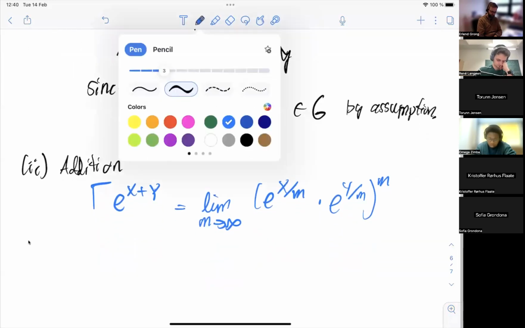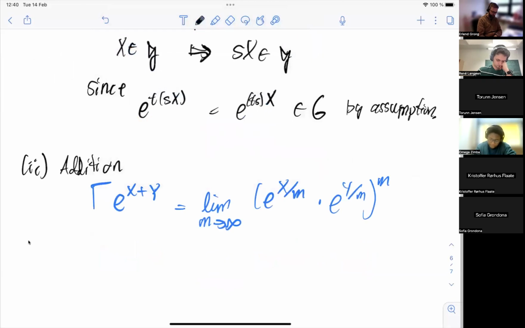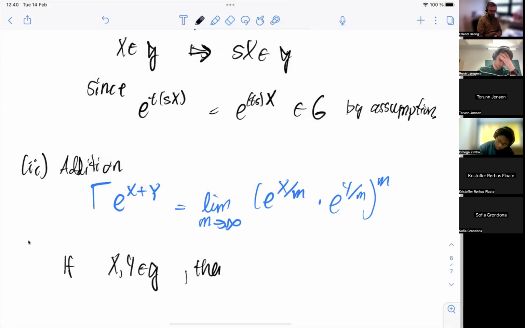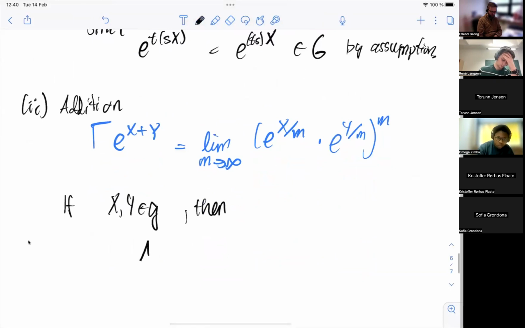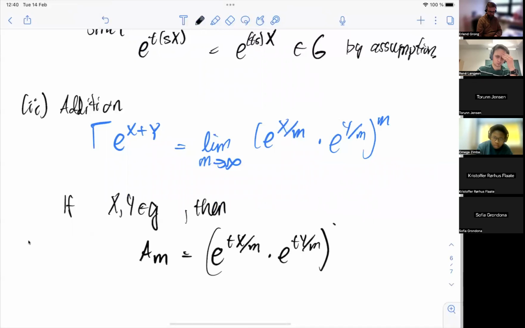So if x and y are in the Lie algebra, then a_m equal to e of t x divided by m times e of t y divided by m, to the power m, is in G.